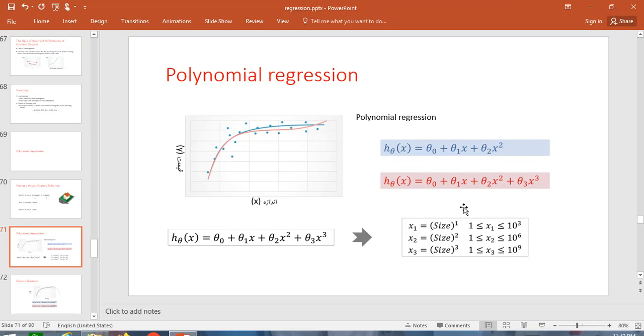Now, for example, in this particular example, the hypothesis functions of degree 2 and 3 are better than degree 1, but in this example, between degree 2 and degree 3, the function of degree 3 is better. Why?